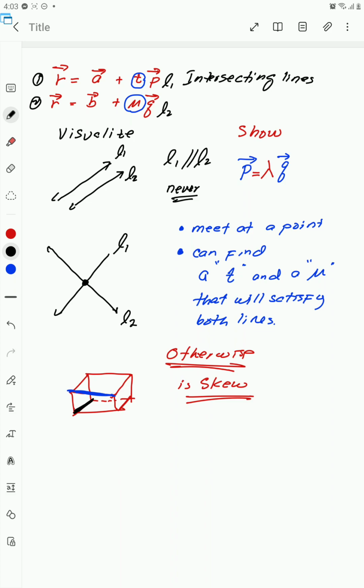So guys, this is the summary on how to attack the questions in your exams. If the question says, show that they are parallel, then you need to show that there is a lambda. You look at the direction, and there is a lambda that will make them equal with each other. However, there is also a possibility that they're actually the same line.